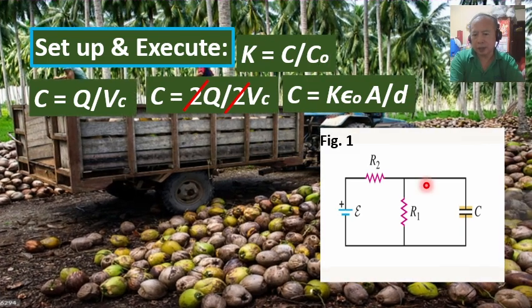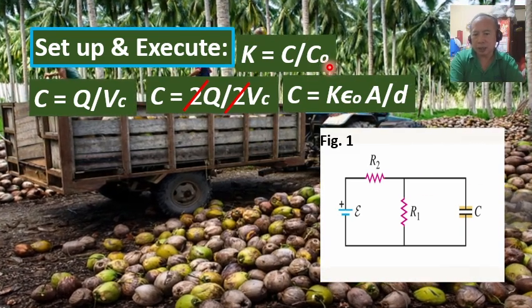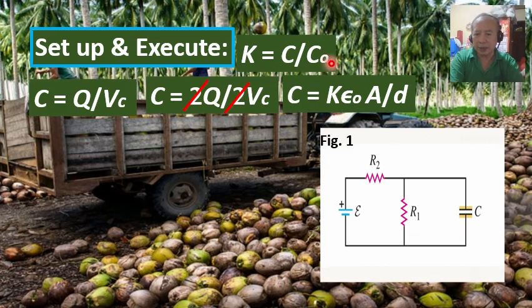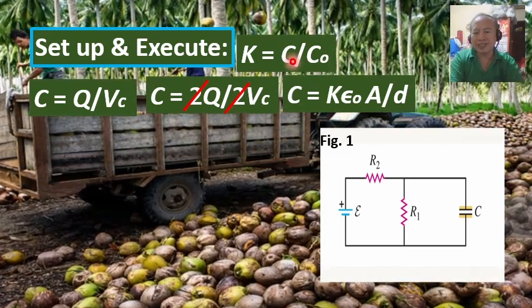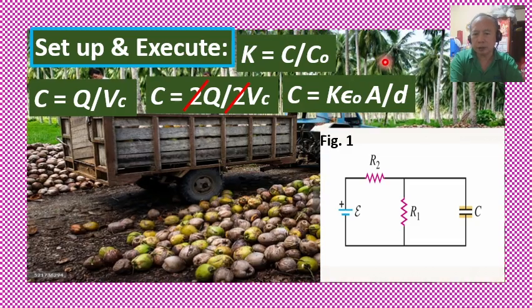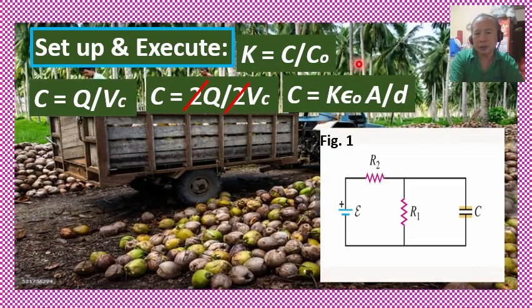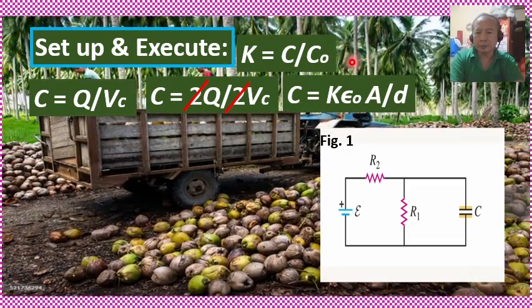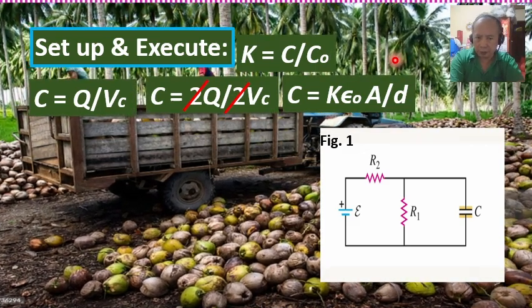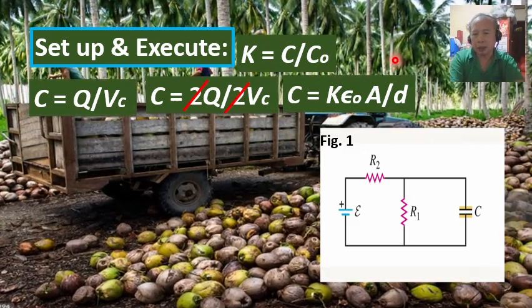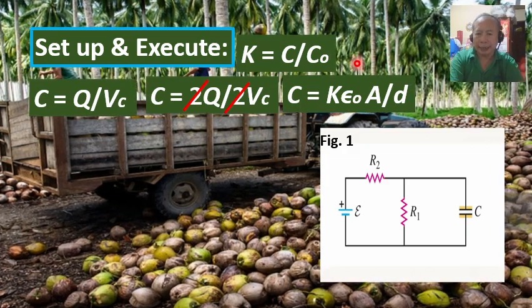In other words, the capacitor is just placed in a vacuum. All right. So the two capacitances have the same unit, so it gets cancelled. Meaning the dielectric constant kappa is a unitless number.